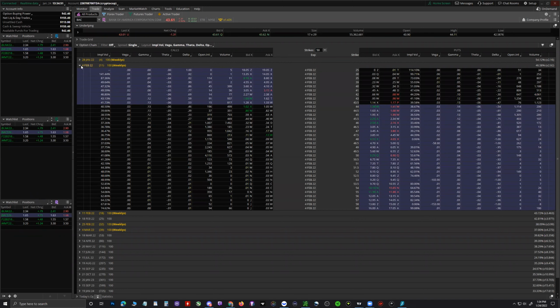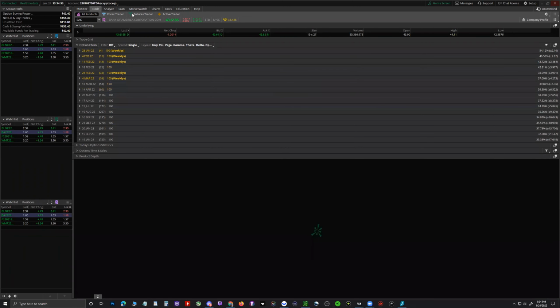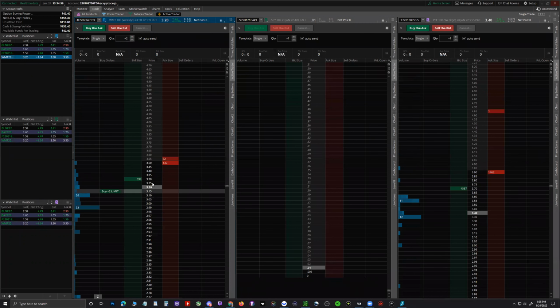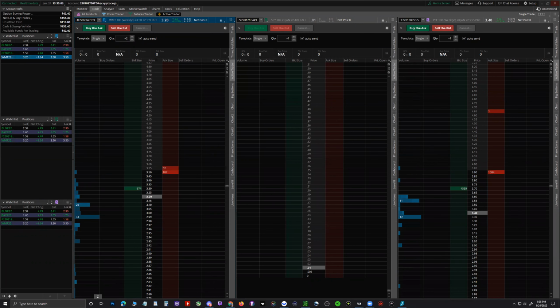But let's see. Okay, so let's go to our active trader and Walmart currently at 320. Let me look over on Discord and see what we called it at. We called it at 201 was our premium for the 139p for 2/4 expiration.